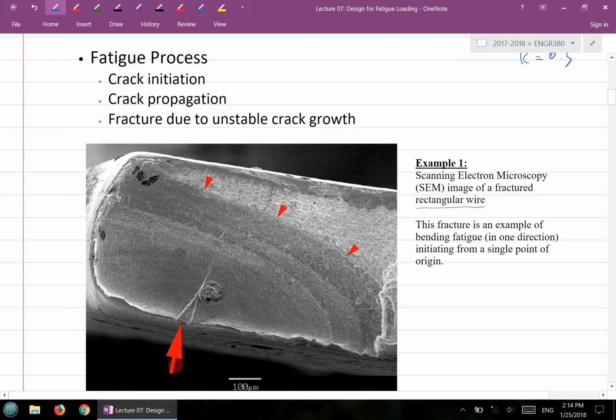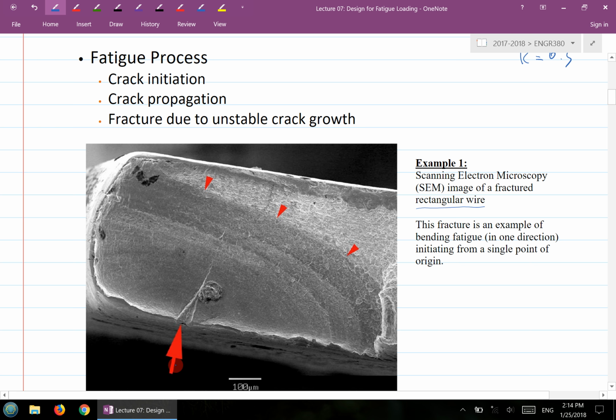In the previous lecture, we learned that a discontinuous or non-uniform geometry causes stress concentration, right? That stress concentration acts as a stress riser, and that typically causes the initiation of the crack there.